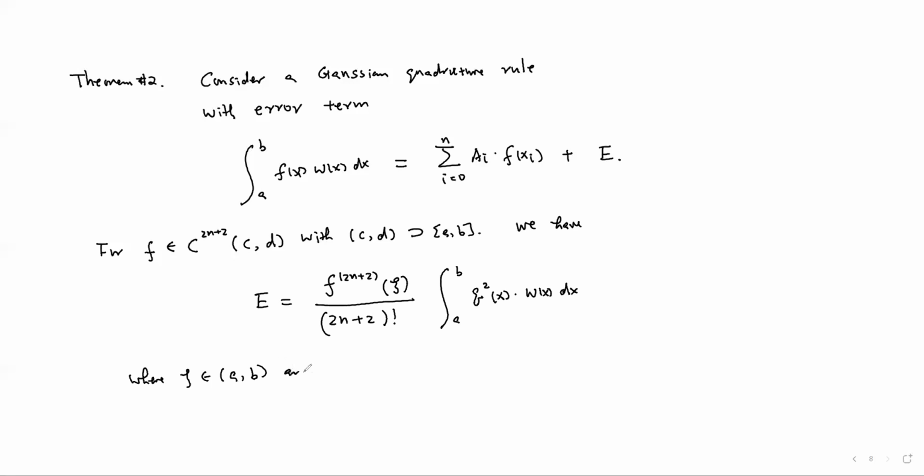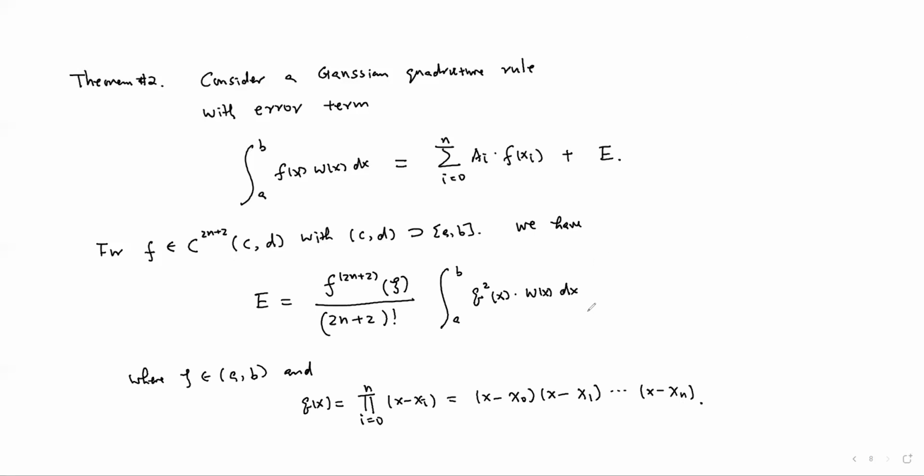How about q? And q is this product: x minus x0, x minus x1, and so on, x minus xn. This is the error term.